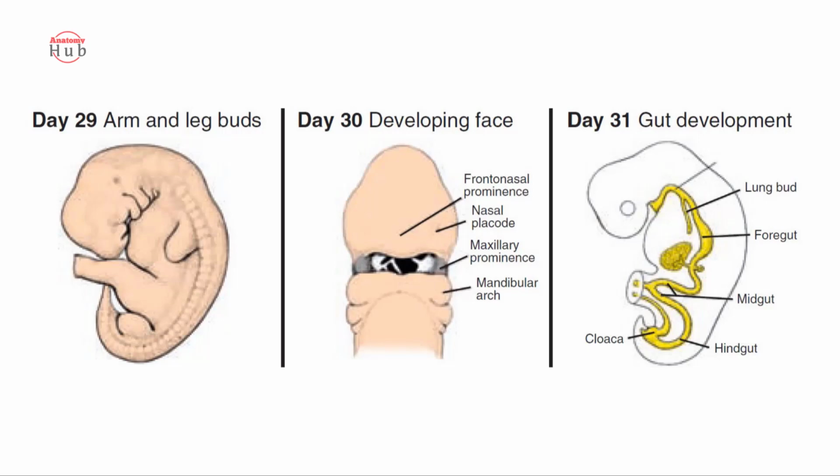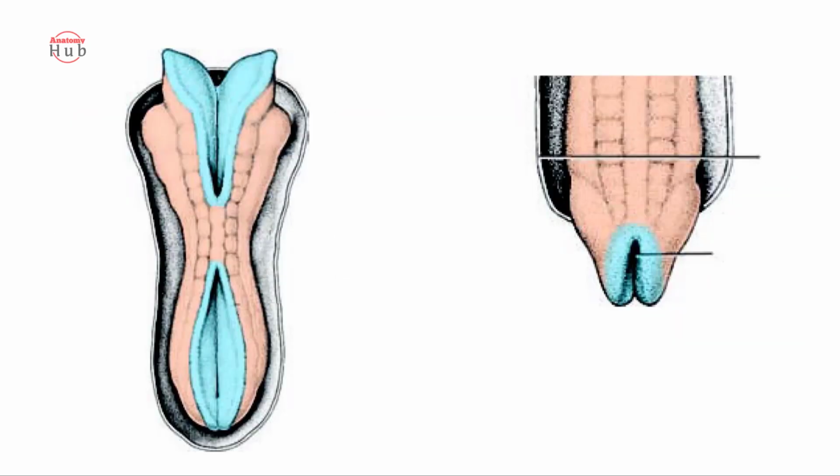Day 26 to 27 is marked by the appearance of upper limb buds, and otic pits and lens placodes are also seen. Lower limb buds appear towards the end of the 4th week. The caudal neuropore also closes by the end of the 4th week.